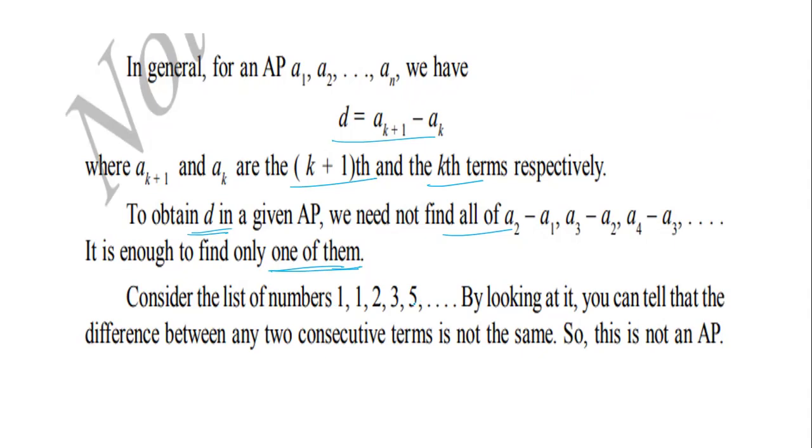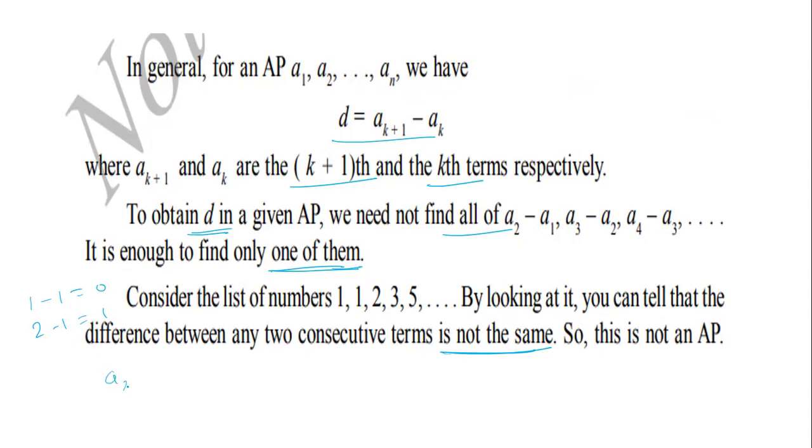Consider the list of numbers 1, 1, 2, 3, 5, and so on. By looking at it, you cannot tell that the difference between any two consecutive terms is not the same. Here, 1 minus 1 is 0, and next 2 minus 1 is 1.